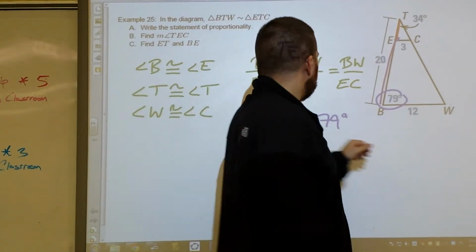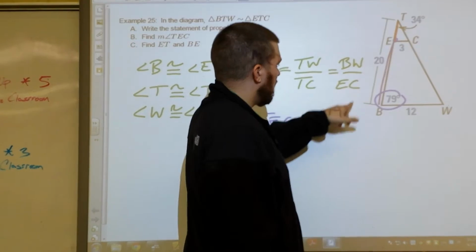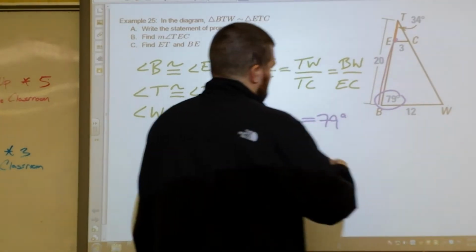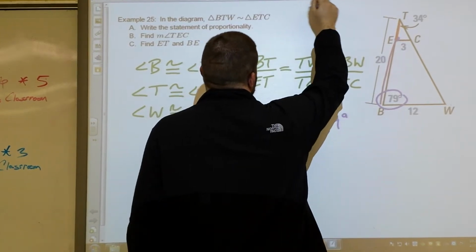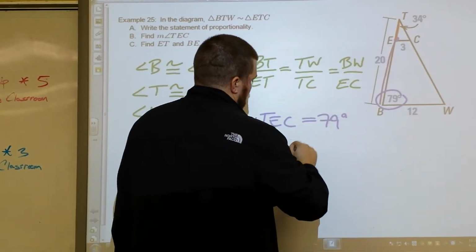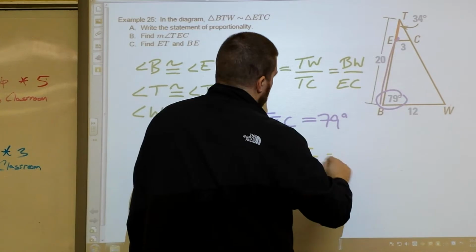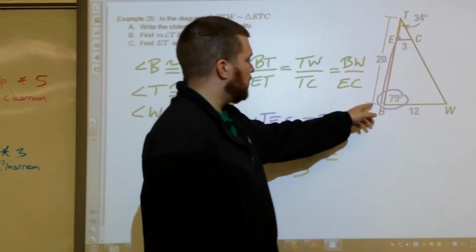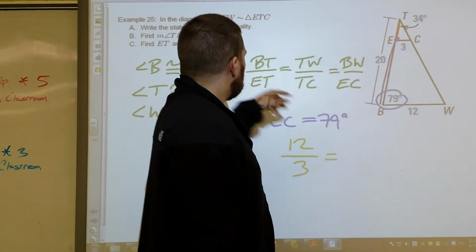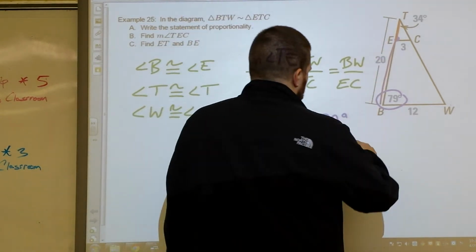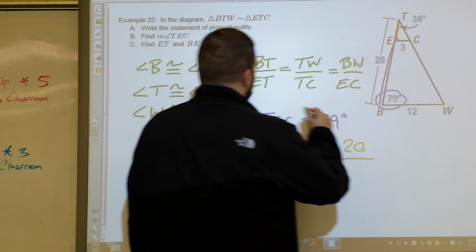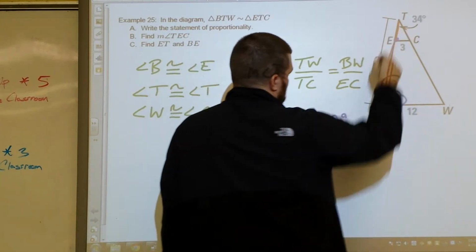We know BW and EC, both of those, so I have BW is 12. Let's do this in yellow. So I have 12 over 3 is equal to, now I want to use these two parts, BT, the total length, which I know, so 20, over the partial length, ET, the little triangle.